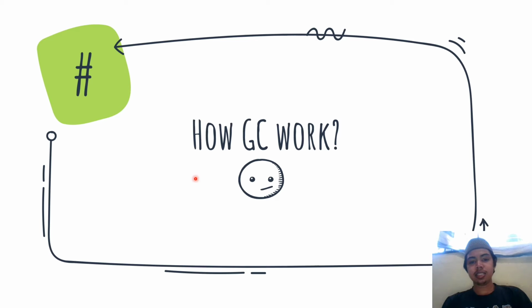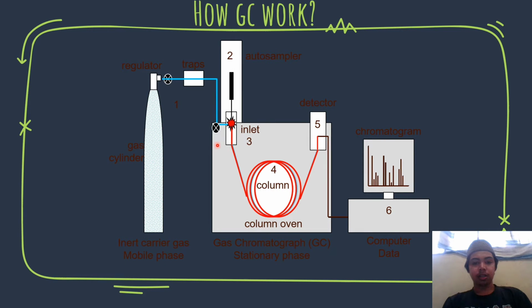Okay, next we will look at how GC works. The sample and the carrier gas are heated and enter the column. The tube is very long because we want a better separation of the components.